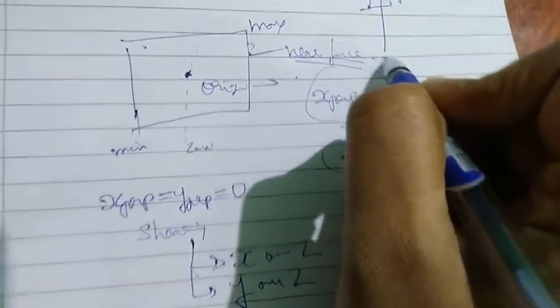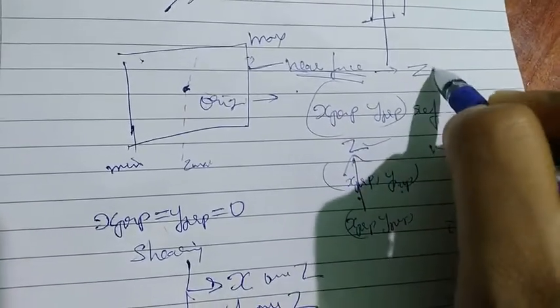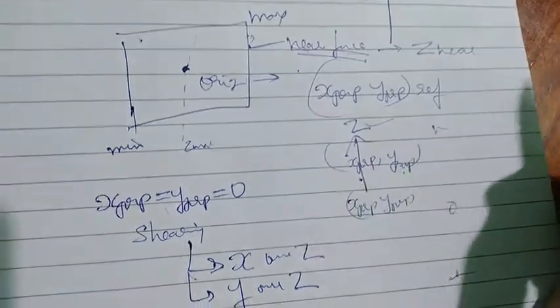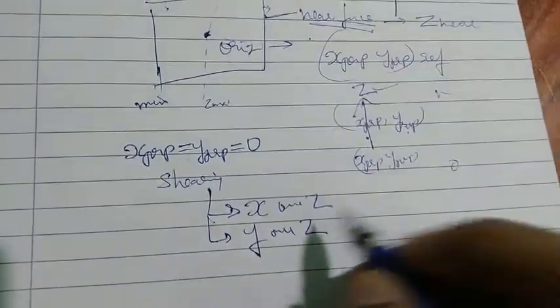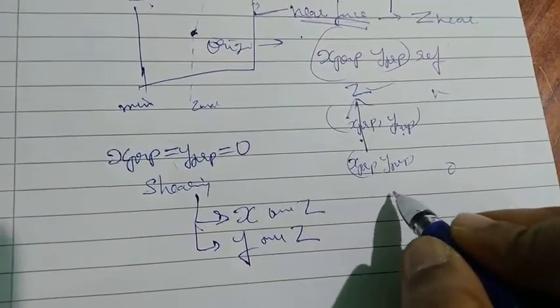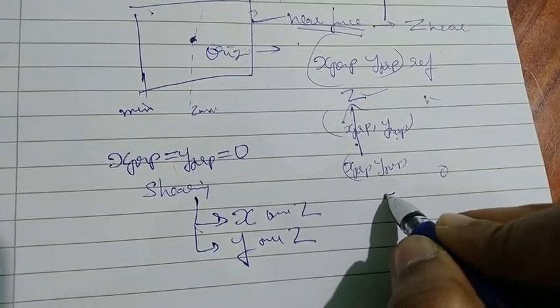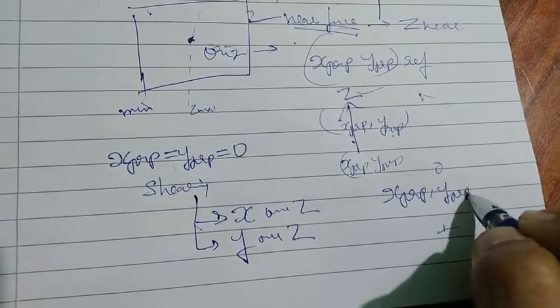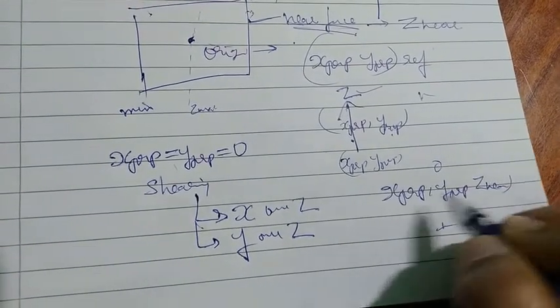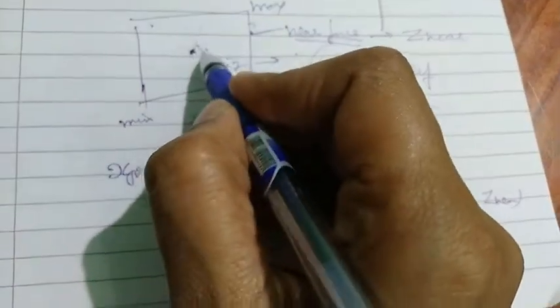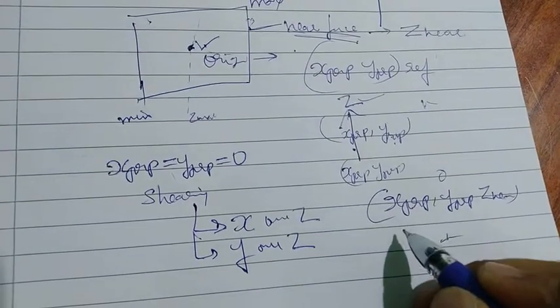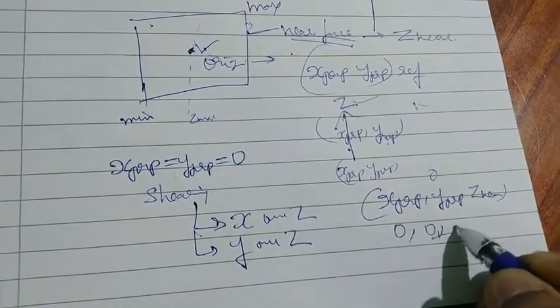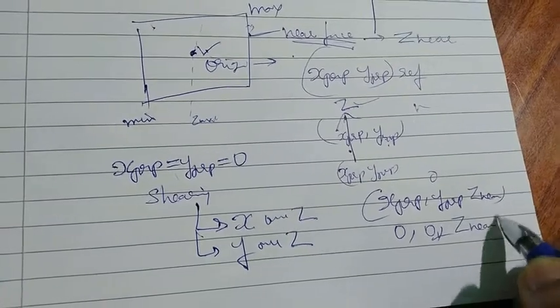The near face will have the z value equal to z near. So now the point we want to calculate is XPRP, YPRP and z near. So we have taken 0, 0 and some z near value.